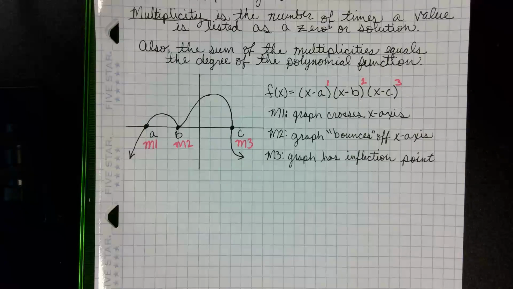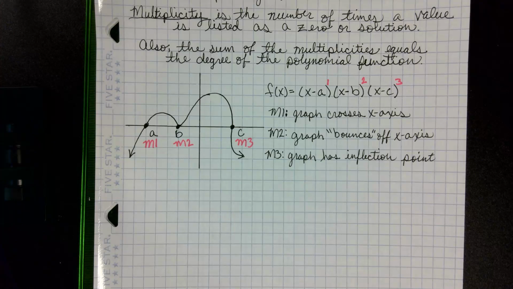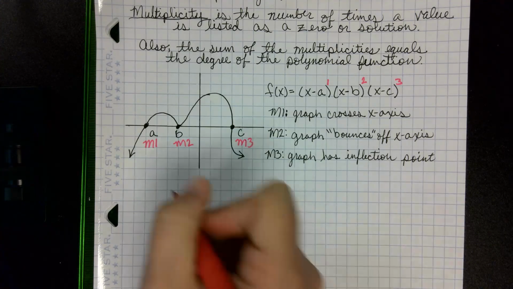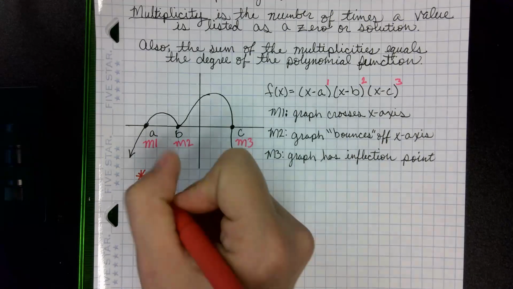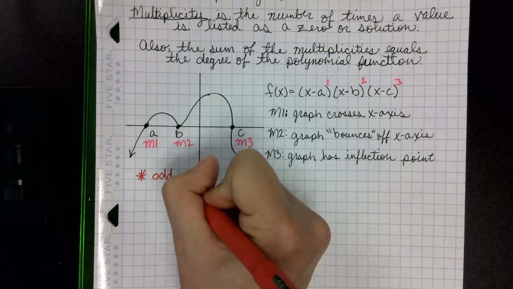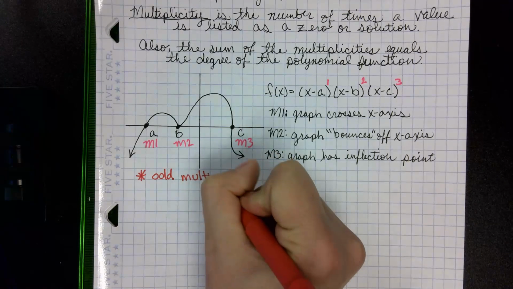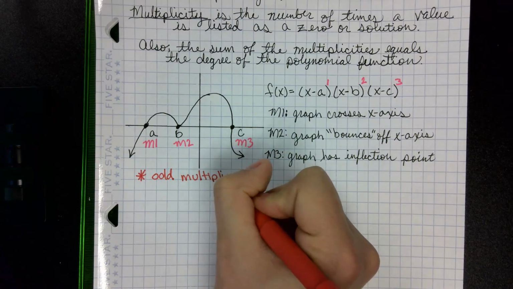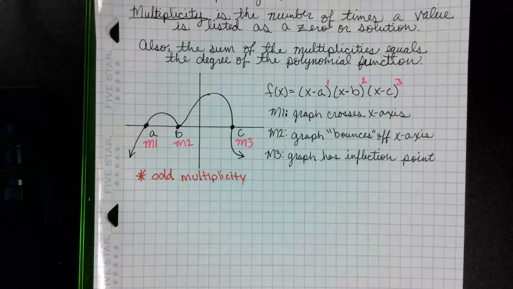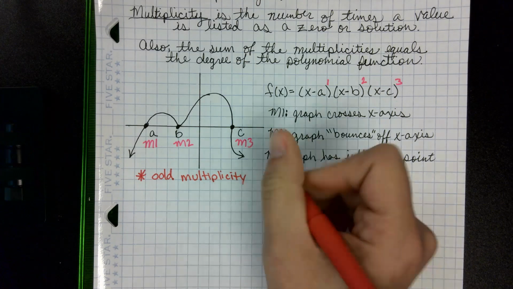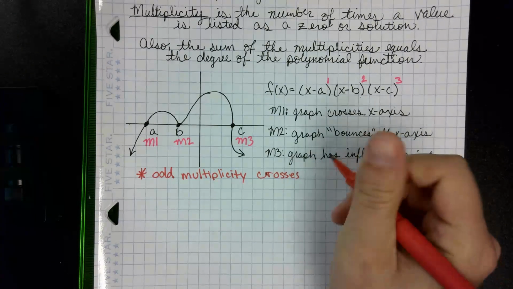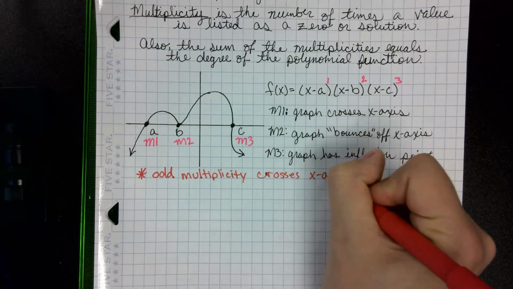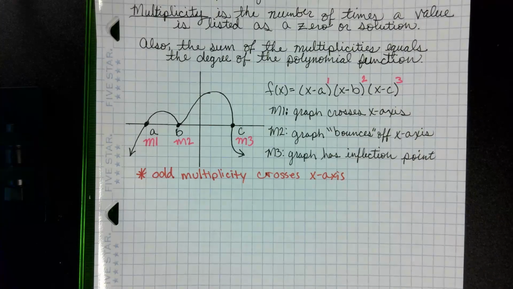All right, so I'm going to add a little summary type bullet point note. Odd multiplicity crosses the x-axis. So even when it's an inflection point at a 3, it's odd, it's still crossing over the x-axis.